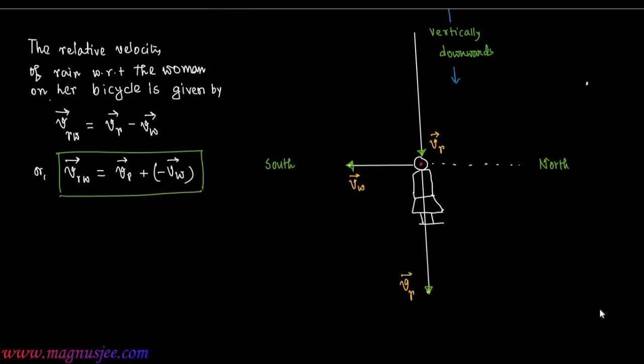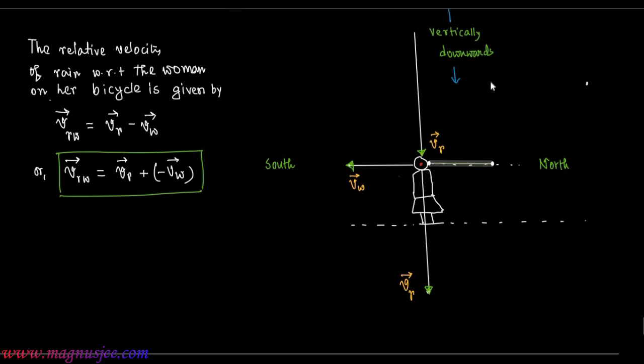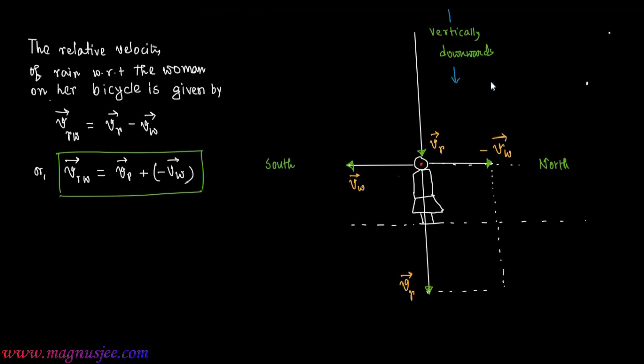We can extend the velocity of rain in vertically downward direction more, and this is the ground on which the woman is riding her bicycle. For vector Vrw, as minus vector Vw is added with vector Vr, we should denote minus vector Vw. Minus vector Vw is negative of velocity of woman, due north.